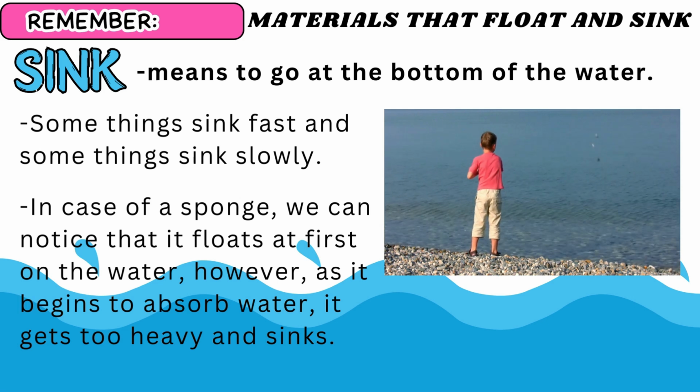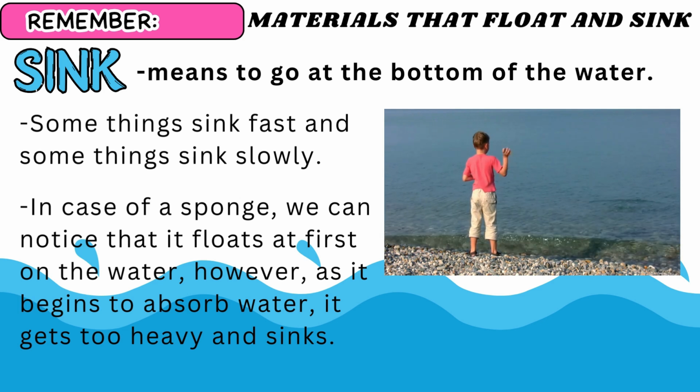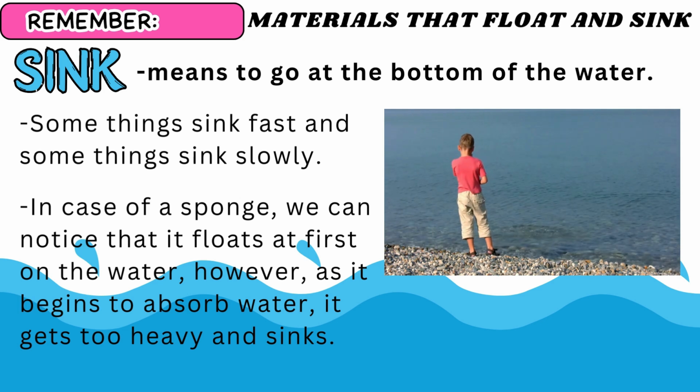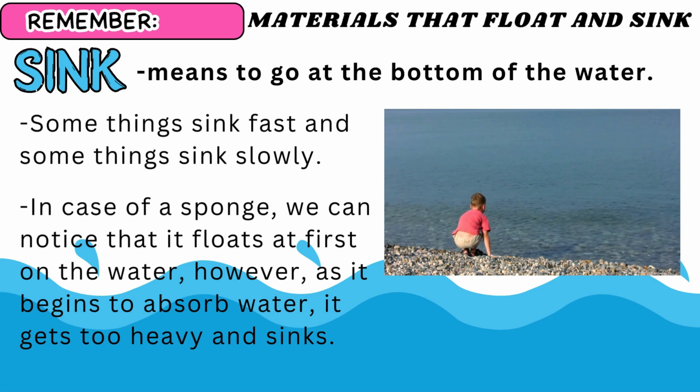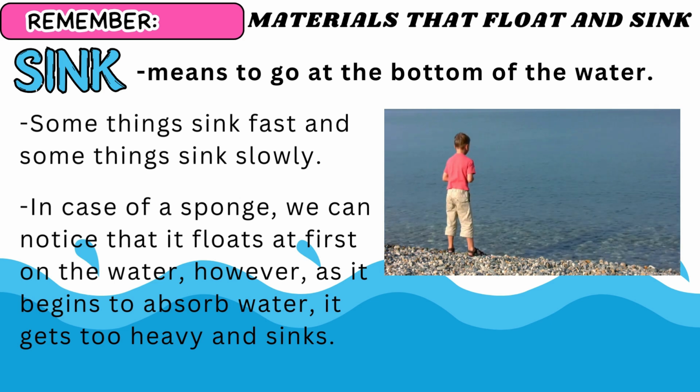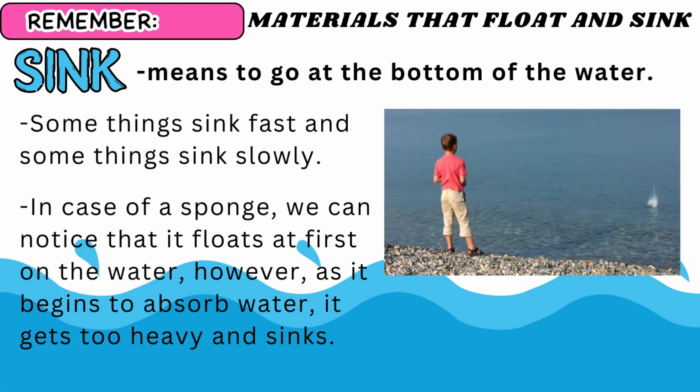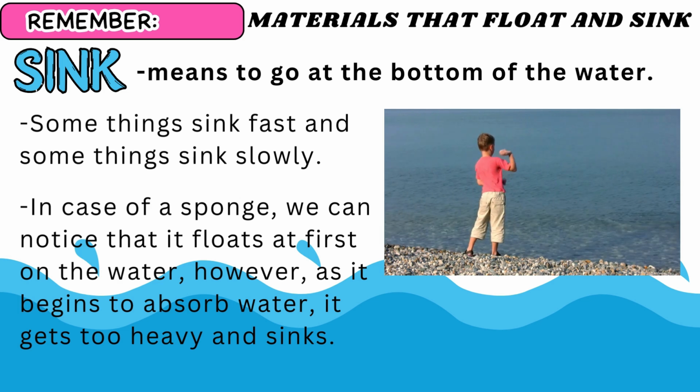Sink means to fall to the bottom of water. Some things sink fast and some things sink slowly. In case of a sponge, we can notice that it floats at first on the water. However, as it begins to absorb water, it gets too heavy and sinks. Look at the example.